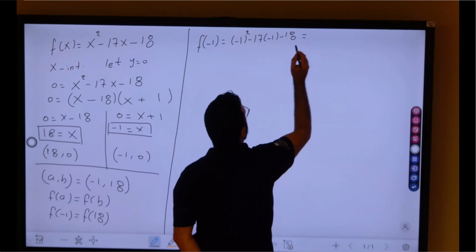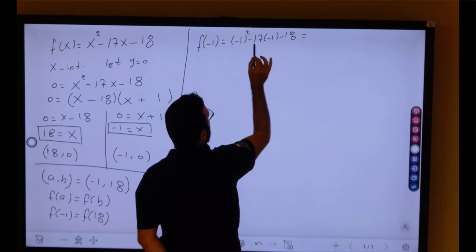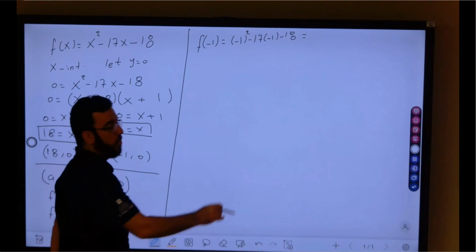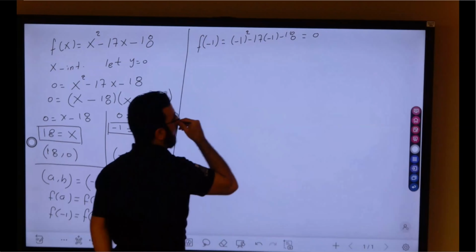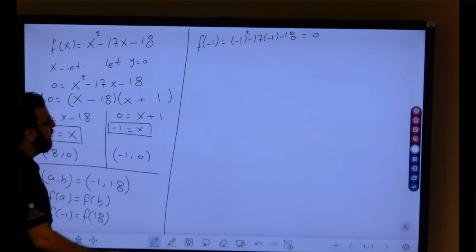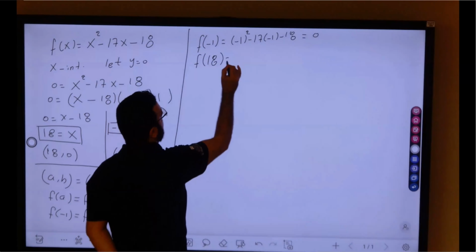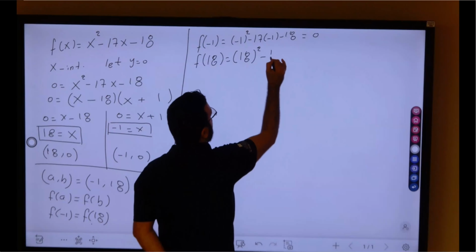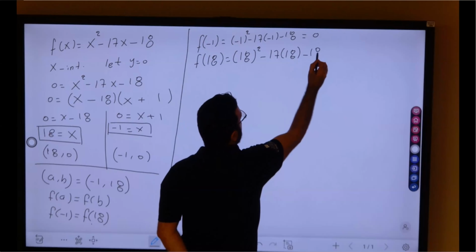So that equals 1 plus 17 minus 18, which is 0. And now I'm going to go for the 18. f(18) is going to be 18 squared minus 17 times 18 minus 18.